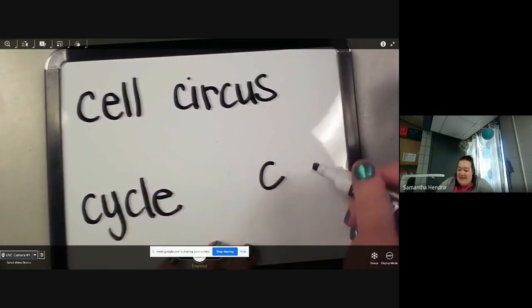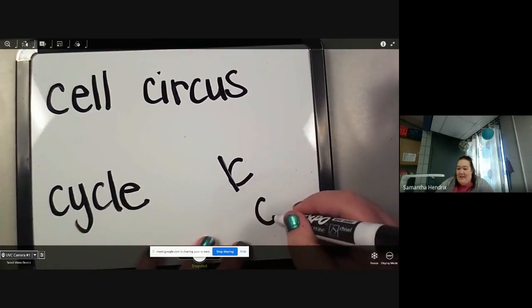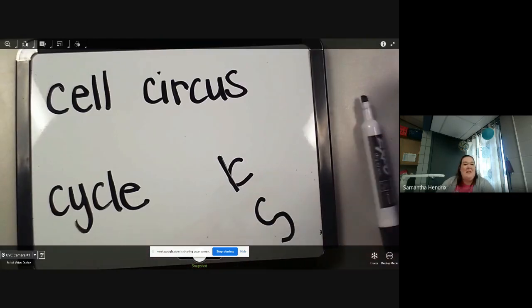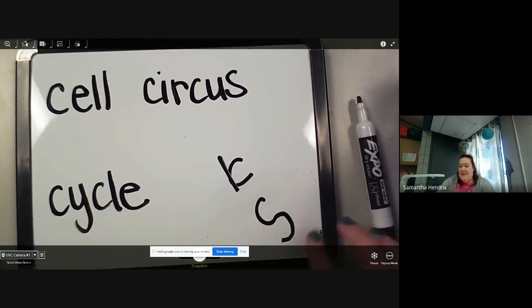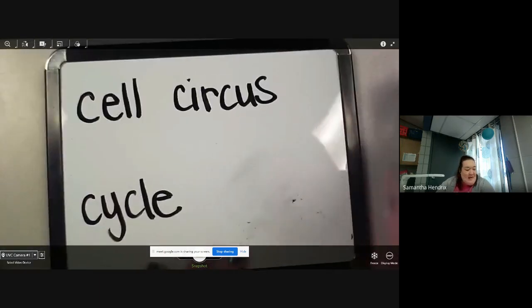A hard C, which sounds like a K, and then a soft C, which sounds like an S. So hard C is k, it sounds hard. And then the soft C is s, okay? We're going to learn the Saxon way.